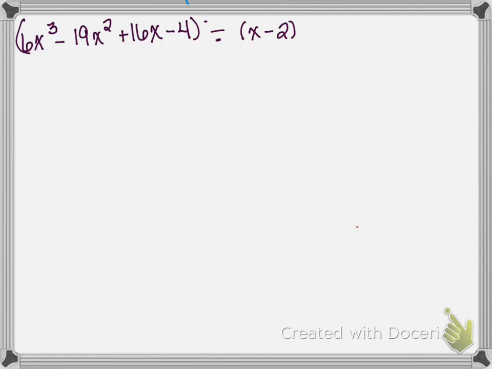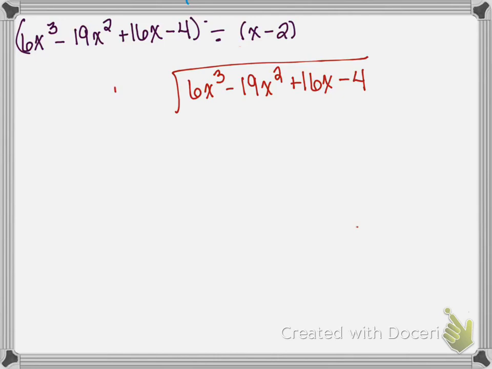So my 6x to the third minus 19x squared plus 16x minus 4 goes inside my box, and I am dividing by x minus 2. Okay? So what I am ultimately trying to figure out is, is x minus 2 a factor?